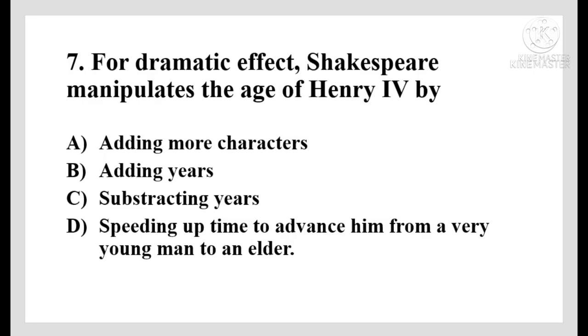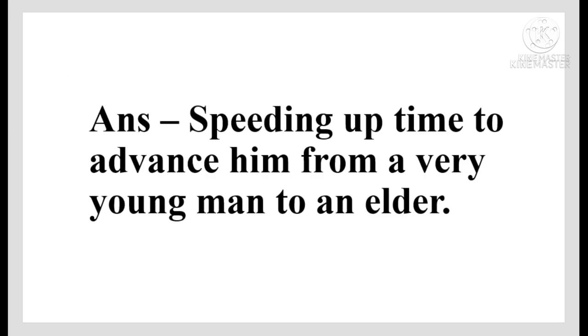For dramatic effect, Shakespeare manipulates the age of Henry IV by dash, adding more characters, adding years, subtracting years, speeding up time to advance him from a very young man to an elder. Answer: speeding up time to advance him from a very young man to an elder.